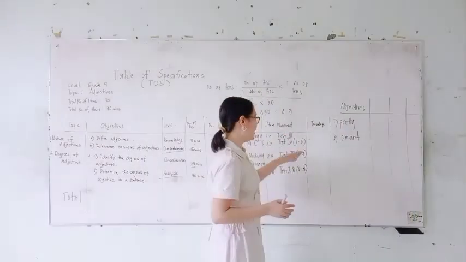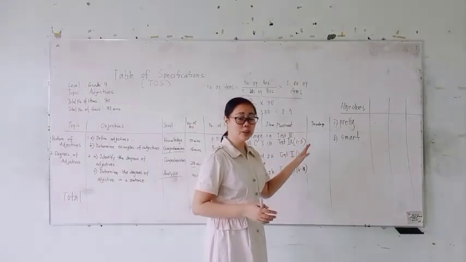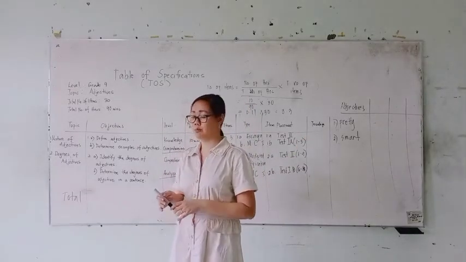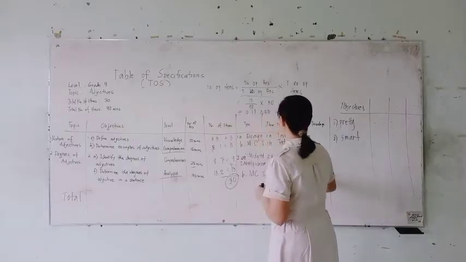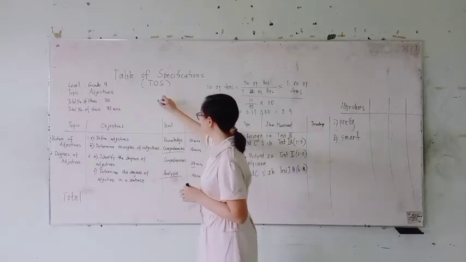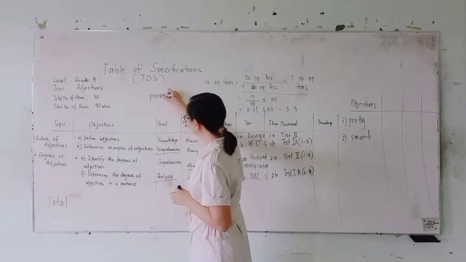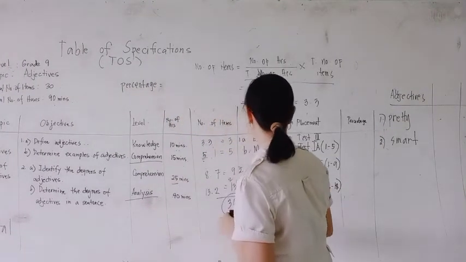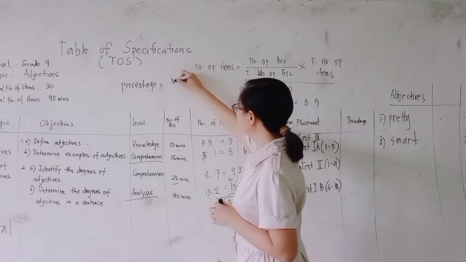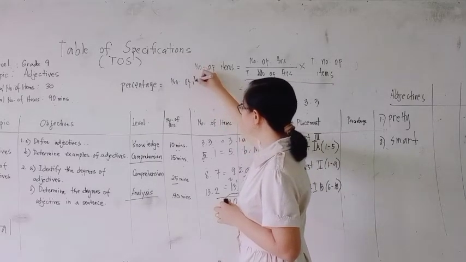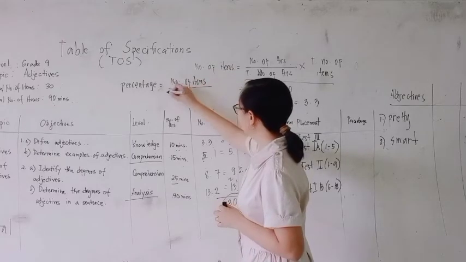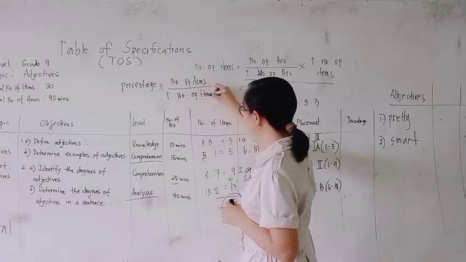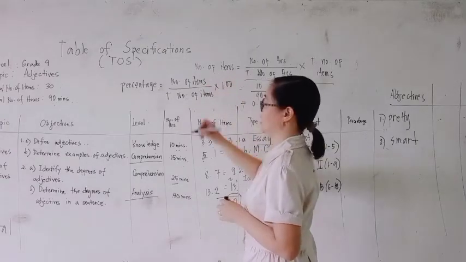Yung percentage, madali lang i-compute ito. Ang computation ng percentage is all about the number of items and the total number of items. So, paano yun? For the percentage, our formula is simply the number of items divided by the total number of items times 100.